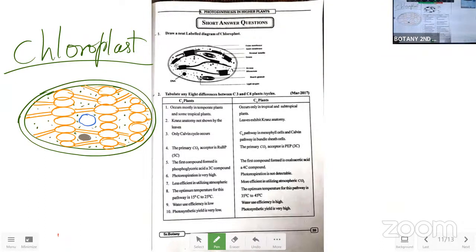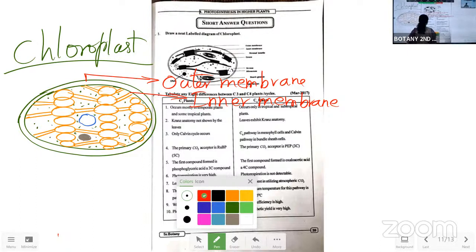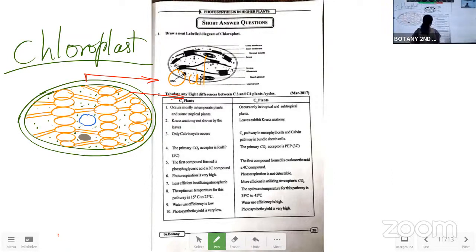Now start giving the labeling part. We will say this is the outer membrane, and this is the inner membrane. Can you see this color? This is also light.